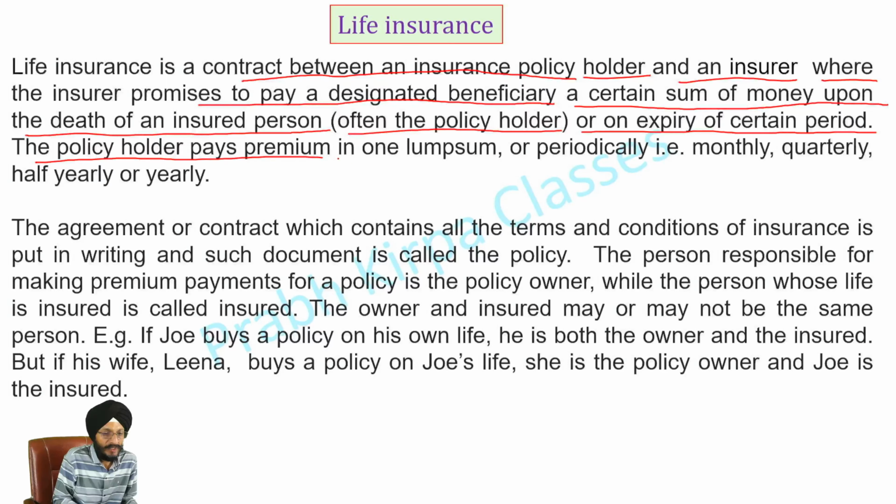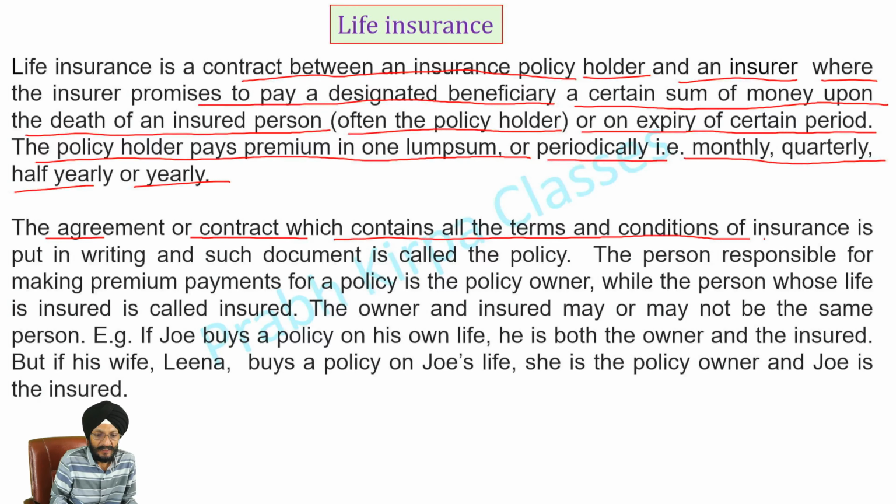The policyholder pays premium in lump sum or periodically, that is monthly, quarterly, half yearly, or yearly. The agreement or contract which contains all the terms and conditions of the insurance is put in writing, and such document is called the policy.